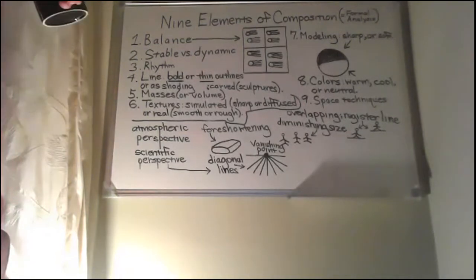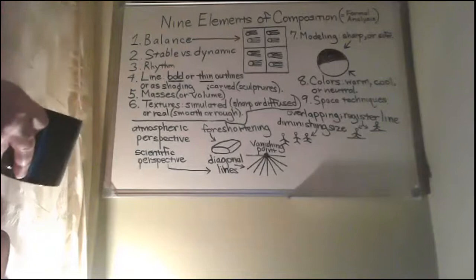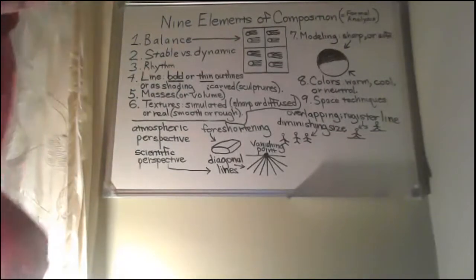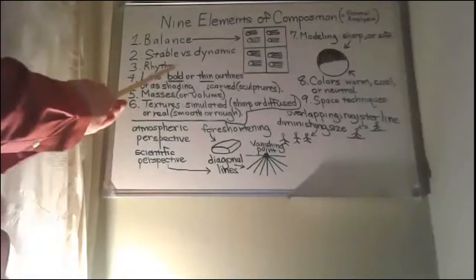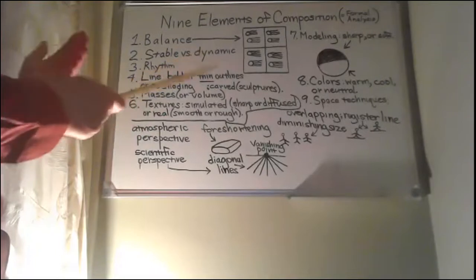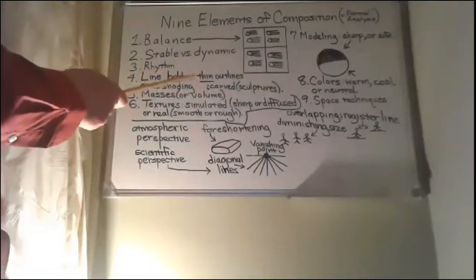All right, line. I will do my first little Mickey Mouse artwork here for you. Number 4 on this board. Line can be used as outlines, and I will now point to that part of this text that I've already written here, as outlines. This is true for a lot of paintings.